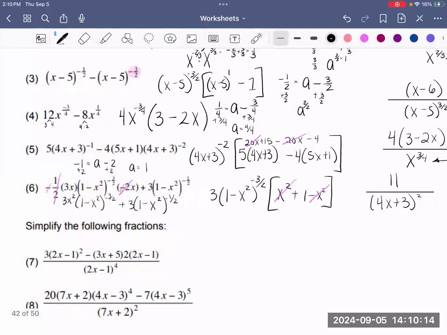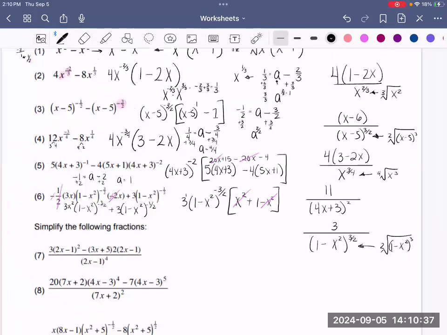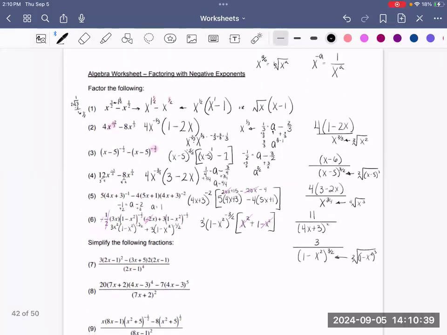We're left with 3, because that has an exponent of 1, it's positive, over 1 minus x squared to the 3 over 2, or if you prefer, the radical. And that is how you can factor with negative exponents and fractional exponents.